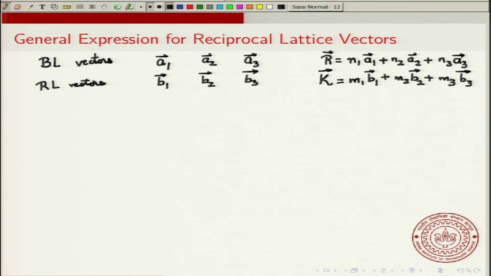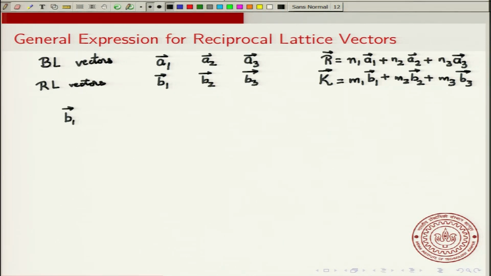So, B1, B2 and B3 are like A1, A2, A3 for the real lattice, the Bravais lattice, and these are for the reciprocal lattice. Now the question is, how can B1, B2 and B3 be expressed in terms of A1, A2, A3? You can write a general expression for an arbitrary lattice, and that is the following.